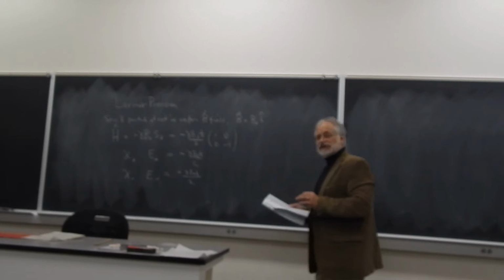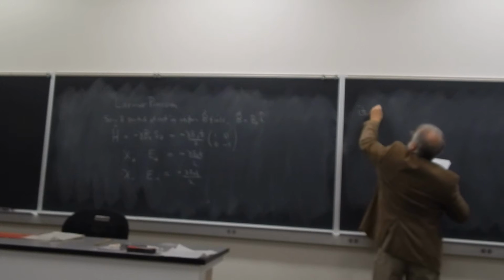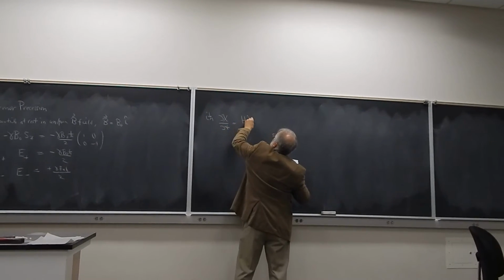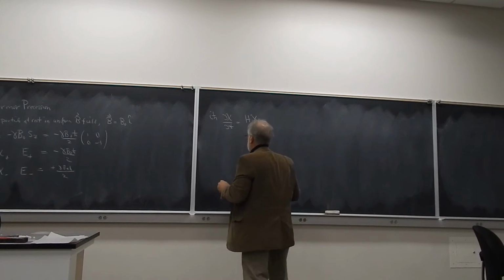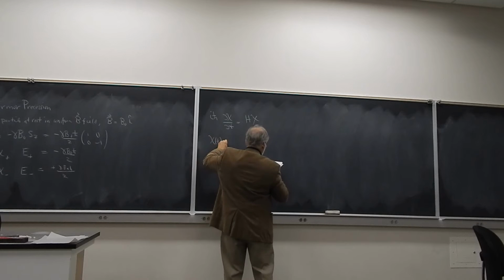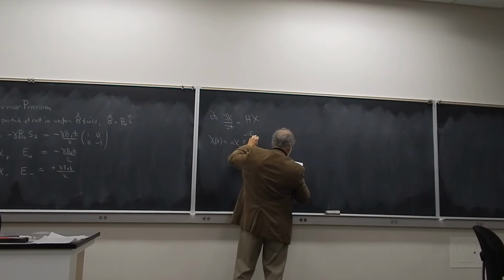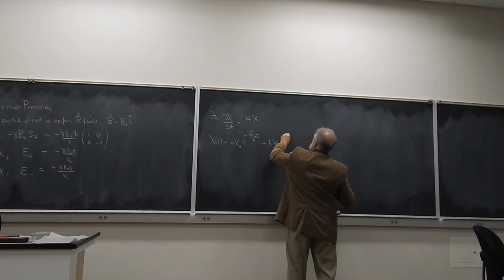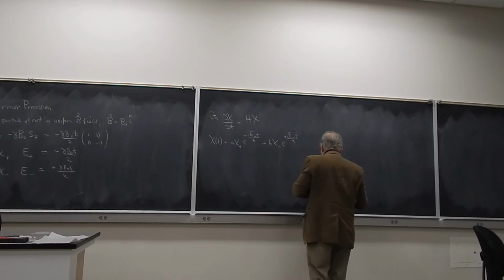The general solution to the time-dependent Schrödinger equation, which I'm going to write as i h bar d chi dt equals H chi, is expressed in terms of stationary states, where chi of t would be equal to a chi plus e to the minus i E plus t over h bar, plus b chi minus e to the plus i E minus t over h bar.